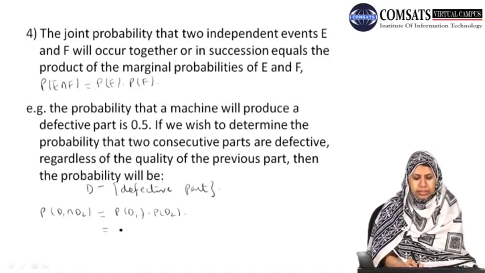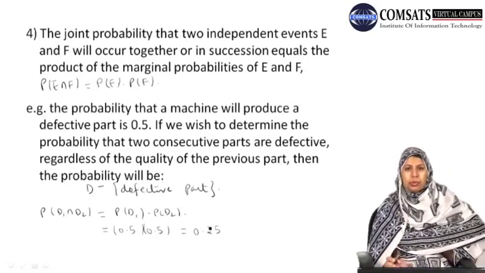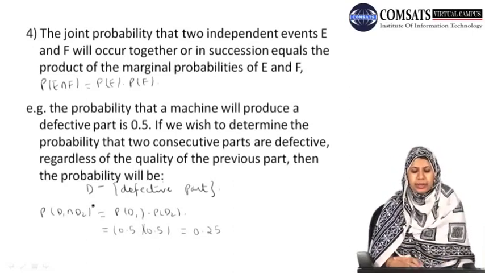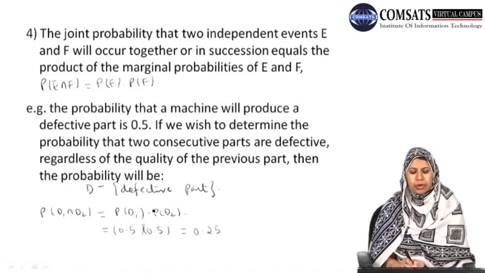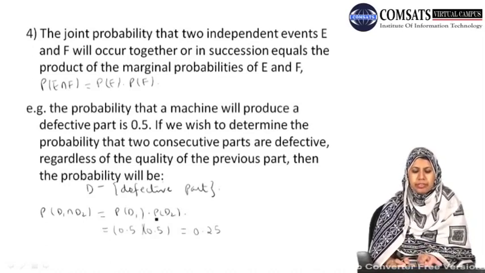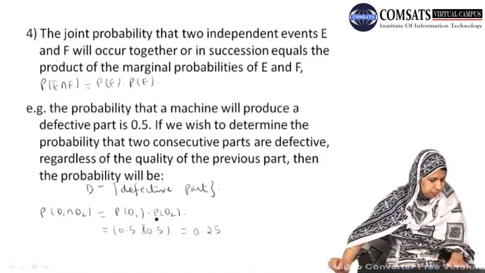The probability in each case is 0.5, that is 1 by 2, so the result is 0.25. So the probability that two consecutive parts are defective is the product of the probabilities of the simple events, that is, the product of the marginal probabilities.